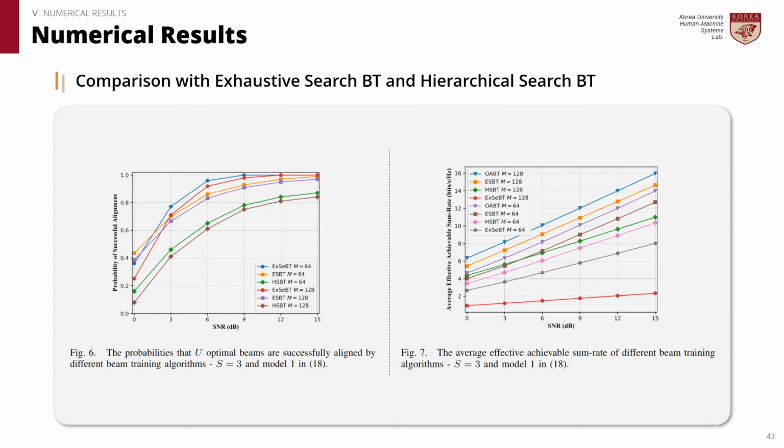The AEASR performance of the different algorithms is shown in Figure 7. It is seen that ESBT achieves the best performance. It approaches the performance of the OABT algorithm, which can be seen as the optimal beams are provided without any training overhead.